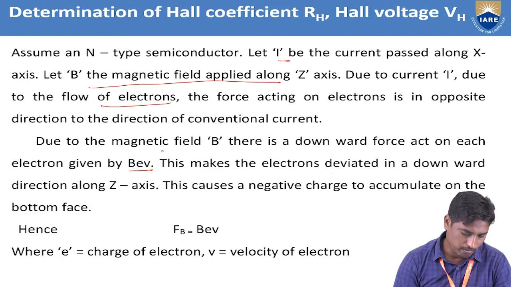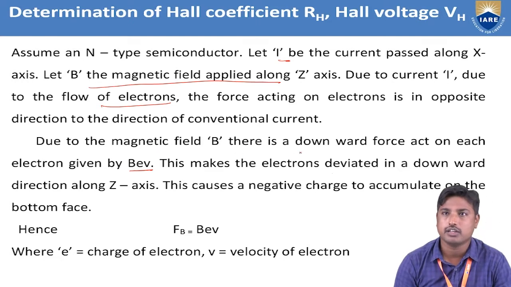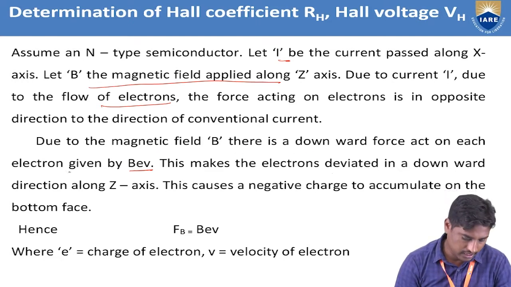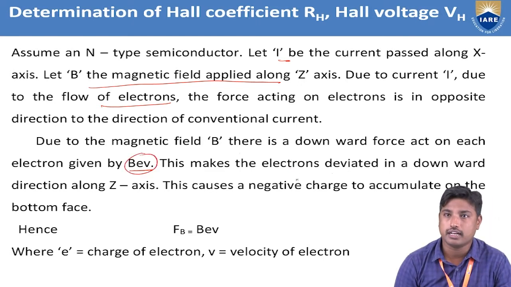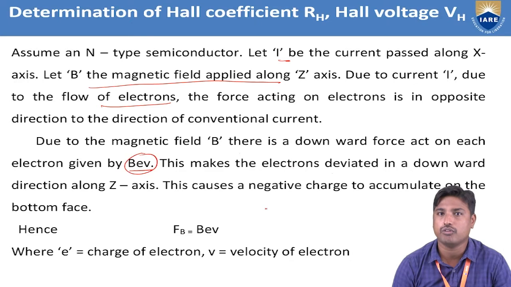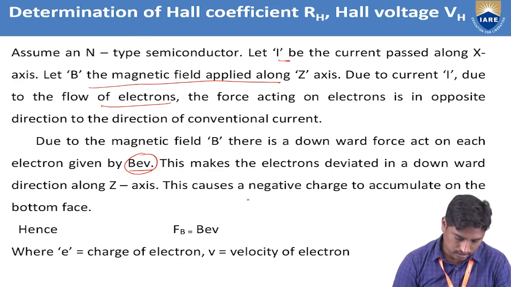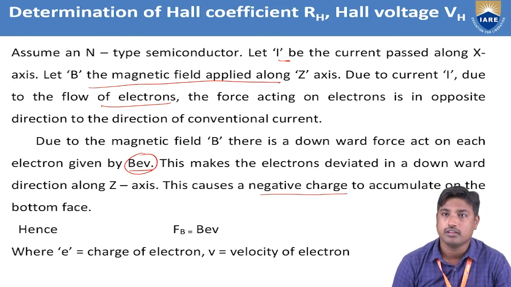So here, due to the magnetic field B, there is a downward force acting on each electron given by B into e into v. This makes the electrons deviate in a downward direction. This causes a negative charge to accumulate on the bottom face.